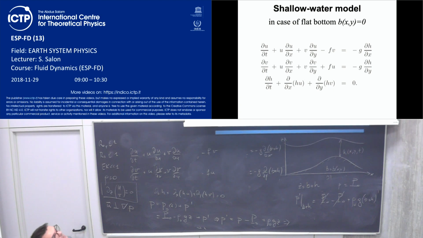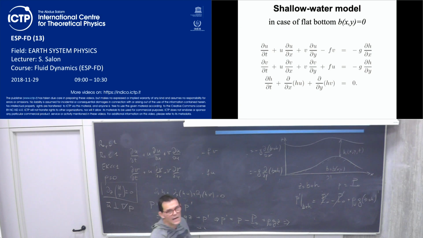You can use the shallow water model, for example, if you want to simulate lagoons where the depth is very short, you can neglect the friction, you can consider a homogeneous fluid, and so on. So it's some sort of equation system that gives you the first mode of flow circulation.